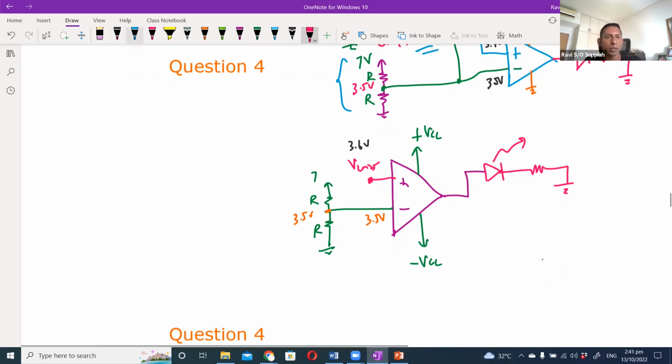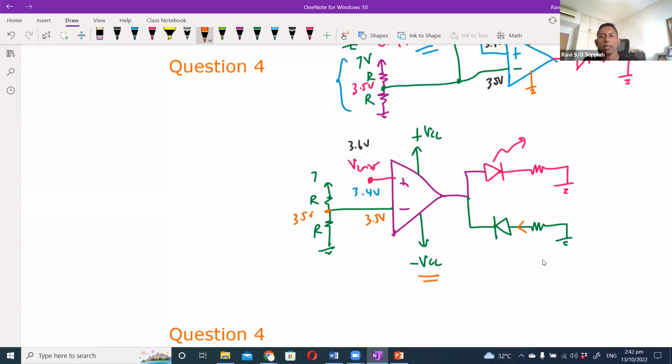Now, in the other situation where my input is smaller than 3.5, so let's say it's 3.4 volt, then it will go to negative VCC, correct? So in order for me to switch on the green LED at negative VCC, I connect my LED this way. What happens when my output goes to negative VCC, then 0 is higher than negative VCC, which will allow the current to flow in this direction and switch on the LED.